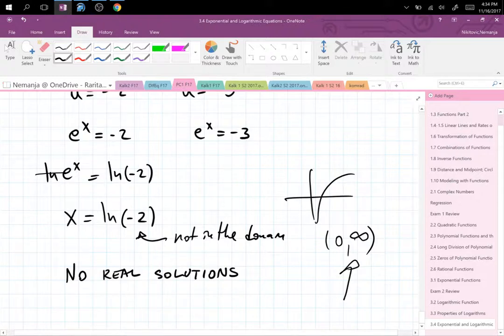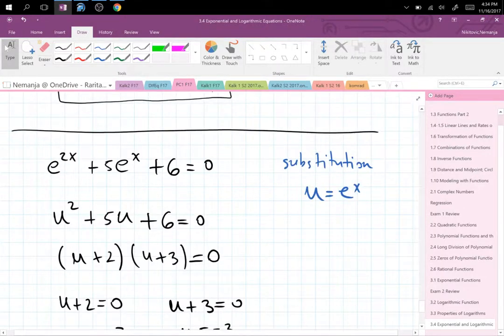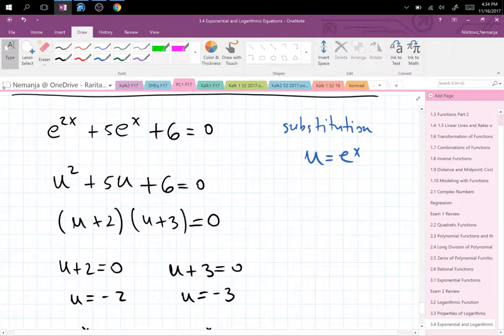I'll go through this problem one more time, and then we can finally switch to logarithmic. We're starting with e to the 2x plus 5 e to the x plus 6 equals 0. We realize that this is of the form x squared plus x plus a number, which is quadratic. And we use substitution, u equals e to the x, and replace each e to the x with u.